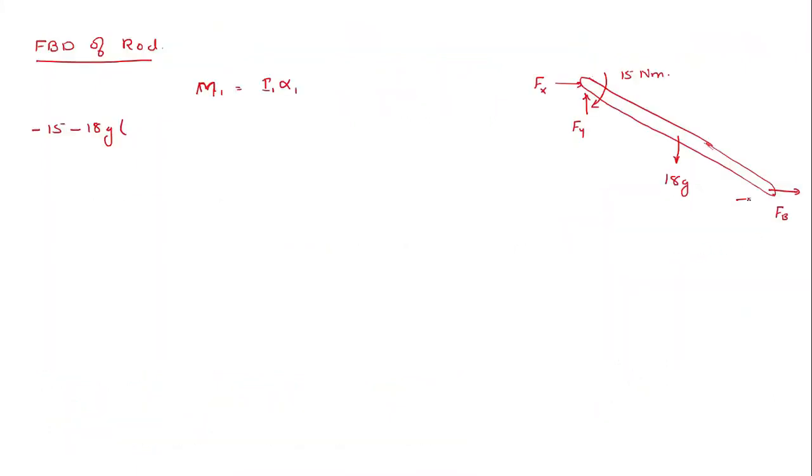So the length, which you already know, is 0.8 meters, so this will become half, 0.4 into cos 30. And then FB will have an anti-clockwise moment, so it will be positive, so plus FB into 0.8 sine 30. This vertical distance will be 0.8 sine 30.